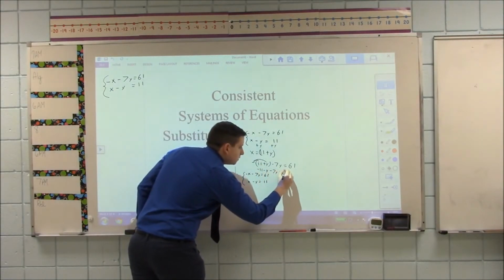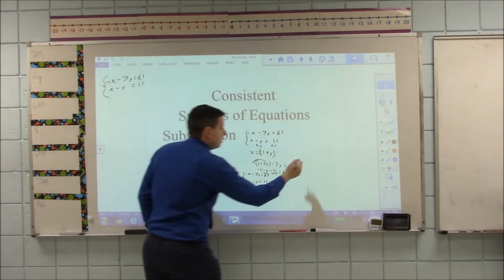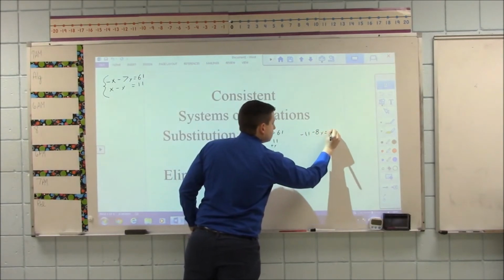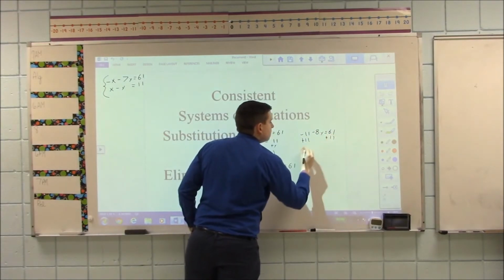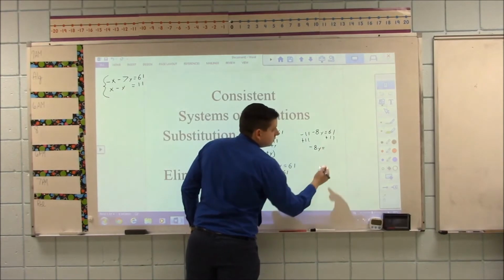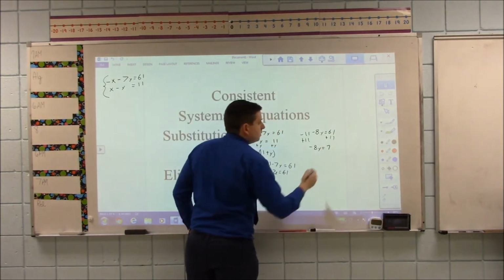Negative 11 minus y plus 5 minus 7y equals 61. Combine like terms of y. That's negative 11 minus 8y equals 61. Add 11. Add 11. Negative 8y equals 72.